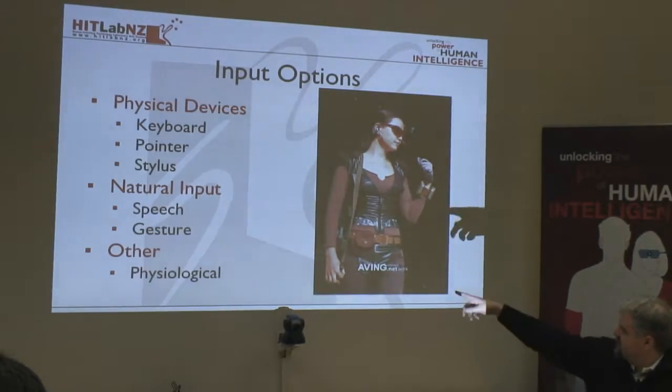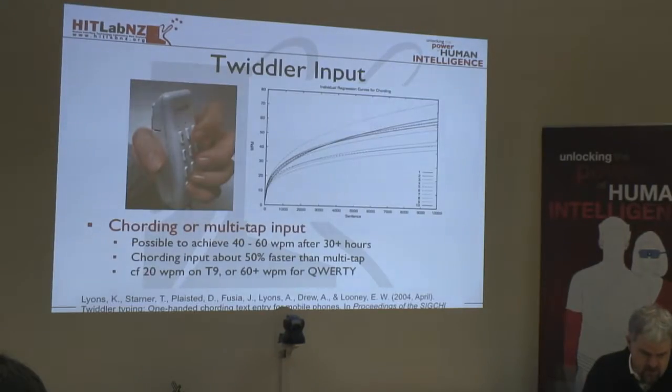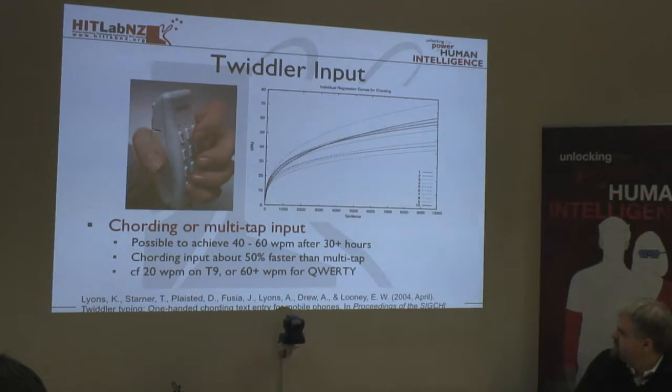You could use some natural input like speech and gesture, or some physiological measures like heart rate as well. One of the popular means of input is using a chording keypad, like this one here called a Twiddler. This allows you to use multiple fingers at the same time to input each individual key.